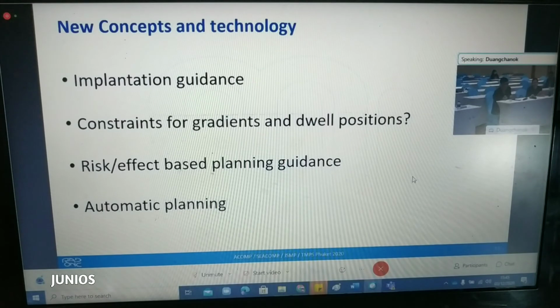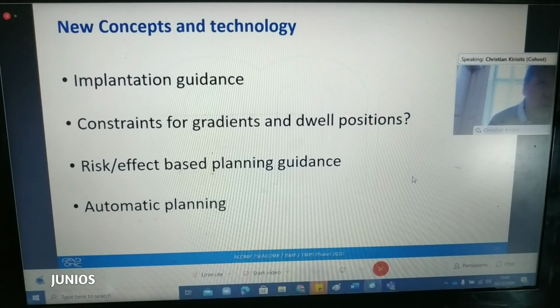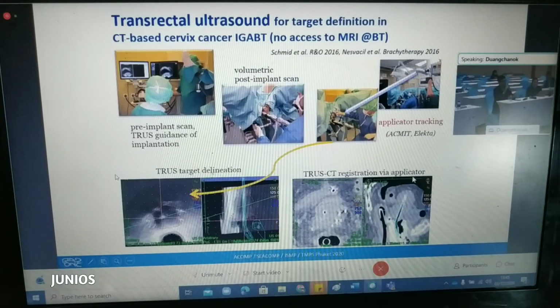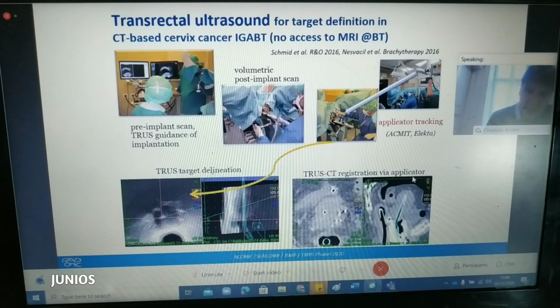I could just understand some sentences, and I'm very sorry I could not fully understand you. Yeah, the fusion, this is the complex thing, because we are only able to make a fusion if we see the applicator inside.